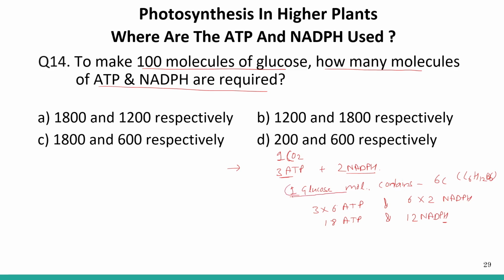For 1 molecule of glucose, 18 ATP and 12 NADPH are required.